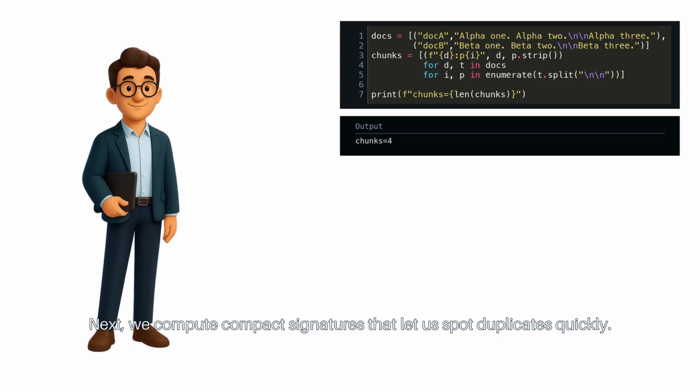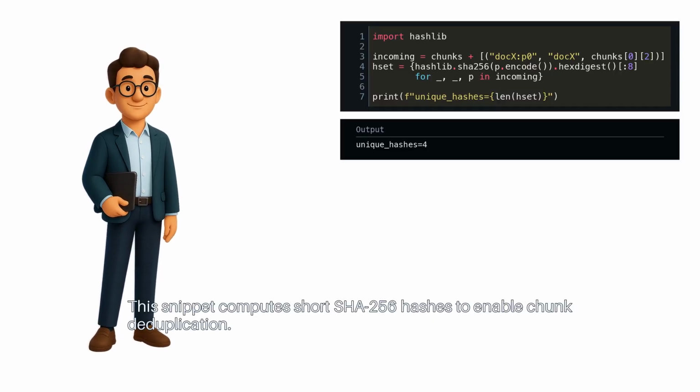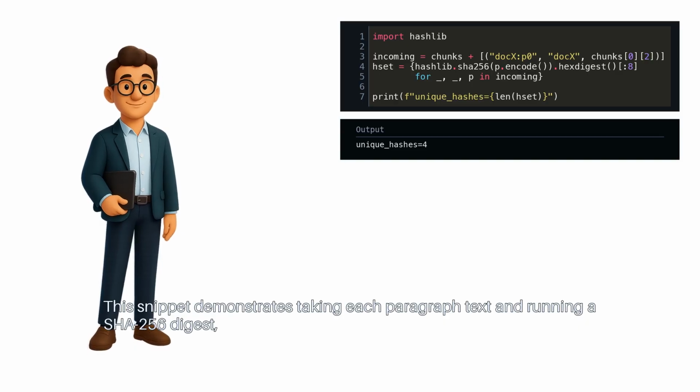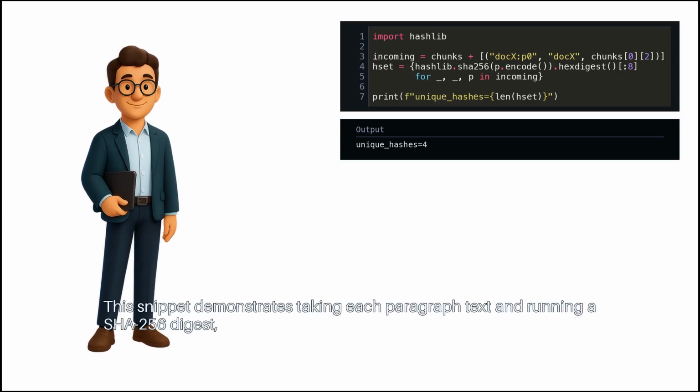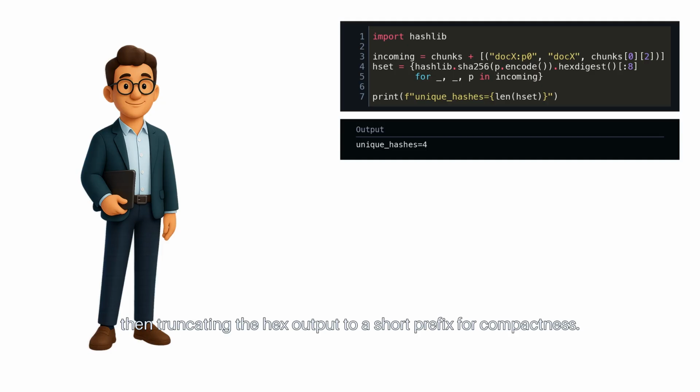Next, we compute compact signatures that let us spot duplicates quickly. This snippet computes short SHA-256 hashes to enable chunk deduplication. This snippet demonstrates taking each paragraph text and running a SHA-256 digest, then truncating the hex output to a short prefix for compactness.